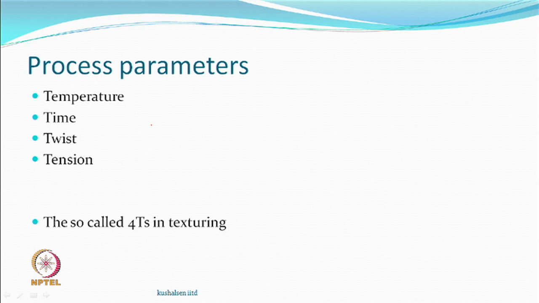So, if you look at the process parameters, there are 4 T's of texturing: the temperature, time, twist and tension. So, you have a possibility of changing any one of these on the machine and therefore optimize the process. So, temperature, time, twist and tension, the 4 T's of texturing.